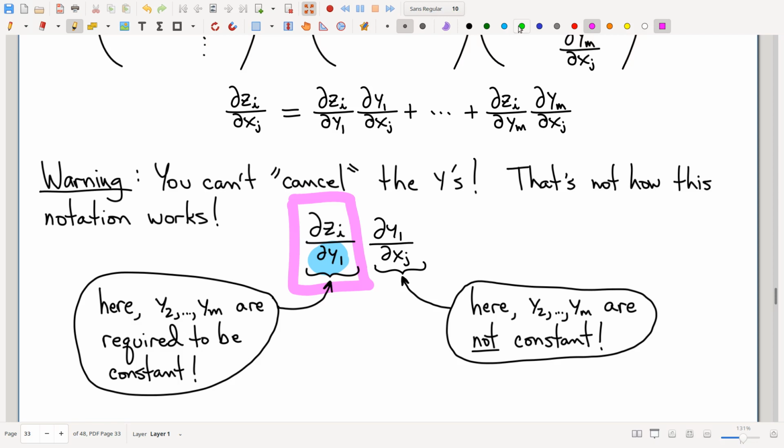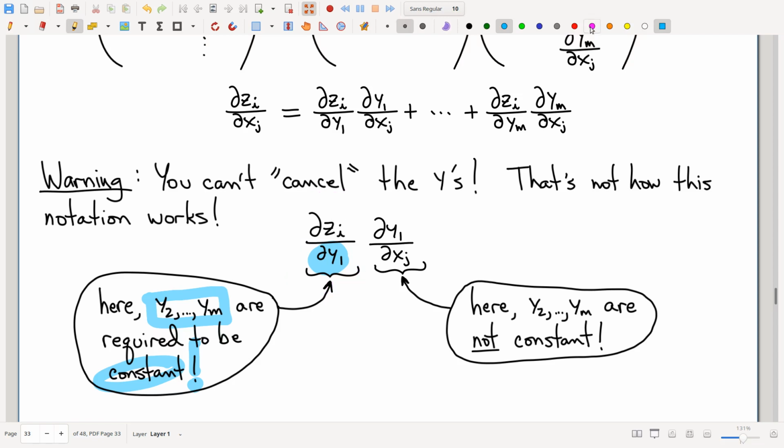Partial derivative says, among other things, that I'm going to hold all of the other input variables constant. So if zi is a function of all the y's, that means I'm holding most of the y's constant, and then proceeding with some calculation.